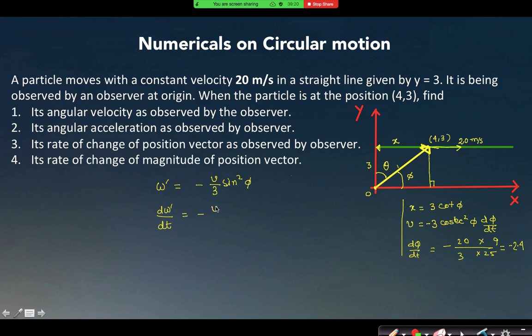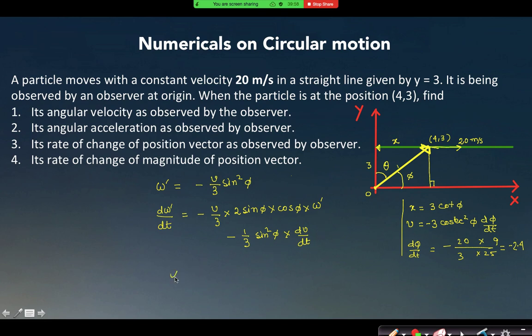I first take v by 3 as constant, then the differentiation of sine square phi is 2 sine phi into cos phi into d phi by dt, which is omega prime again, and then I take minus 1 by 3 into sine square phi and then dv by dt. Now dv by dt is obviously 0, so I can make this term 0.